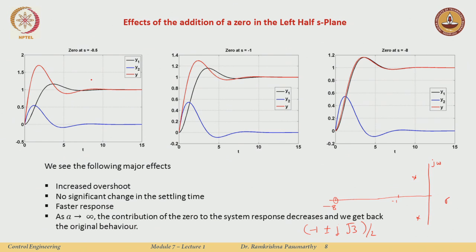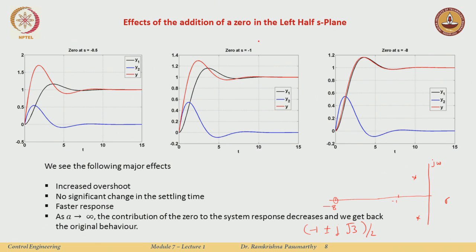Apart from this distance in the curves, what else do we observe? What is the difference between this black curve and the red curve here? One thing is obvious: this has an increased overshoot. The steady state value was 1, so my overshoot is almost between 60 and 70%. This is at 0 at minus 0.5.